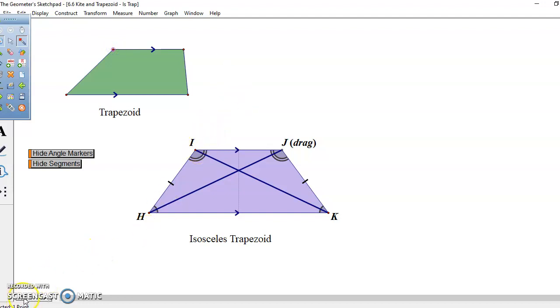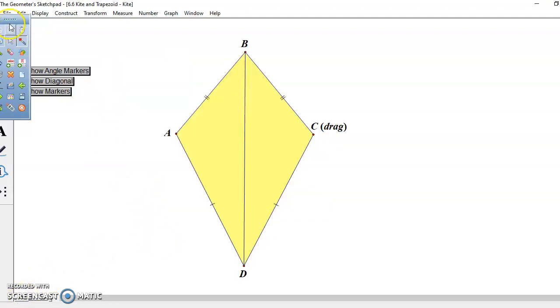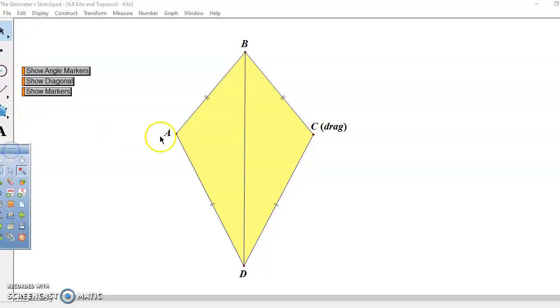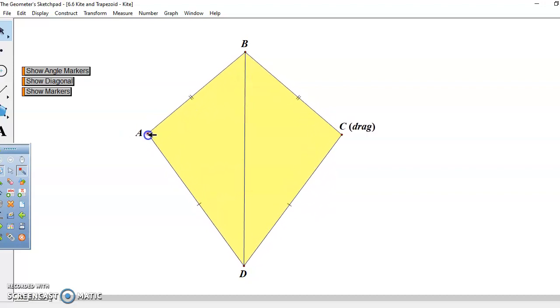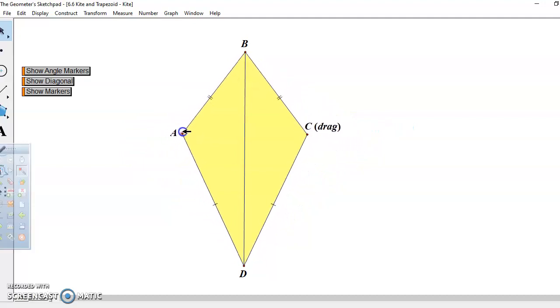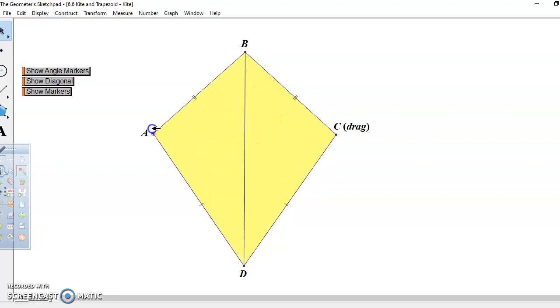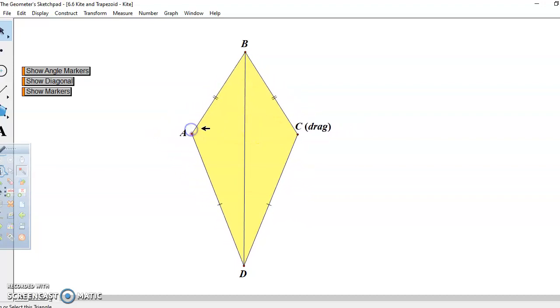Okay, and then looking at the kite, same kind of thing you can do is drag one of the points. I could drag it up and down too if I wanted to, but notice if I just drag it out and back, those triangles are always congruent to each other. So angle A and angle C are always the same. And these two little angles here are always the same, and these two little angles here are always the same.